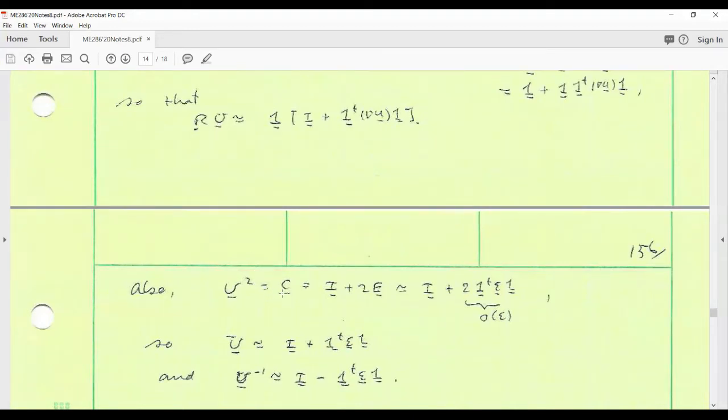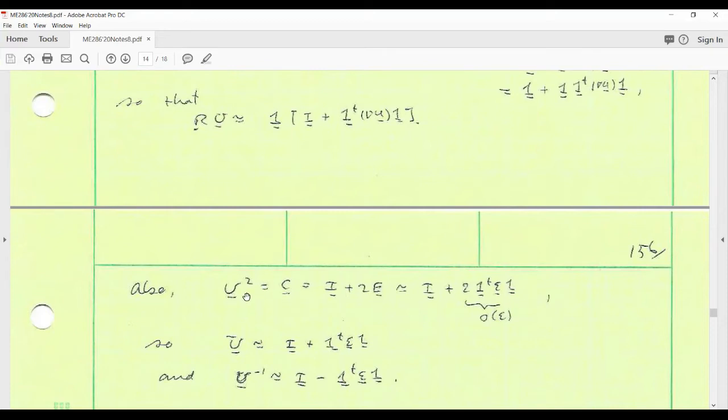Well, the square of U is the right Cauchy-Green tensor, which is referential identity plus twice the strain, exactly. The strain is approximated by the shifted version of the infinitesimal strain tensor. This, under our assumptions, is very small in magnitude, order epsilon.